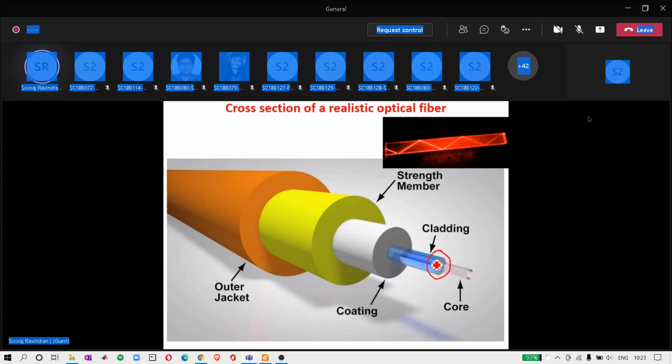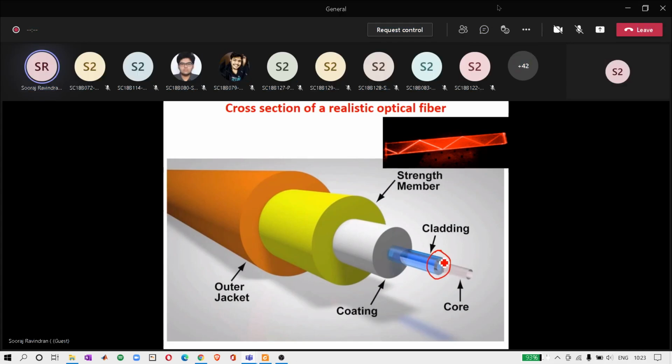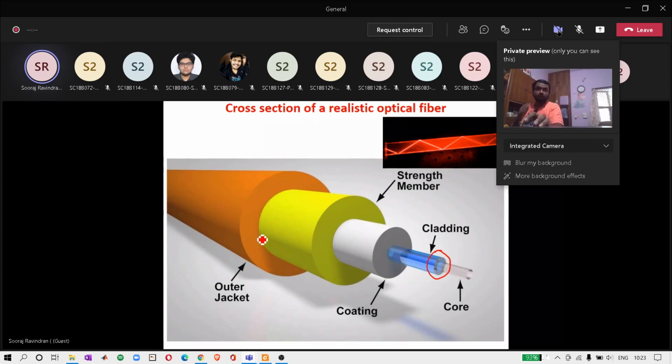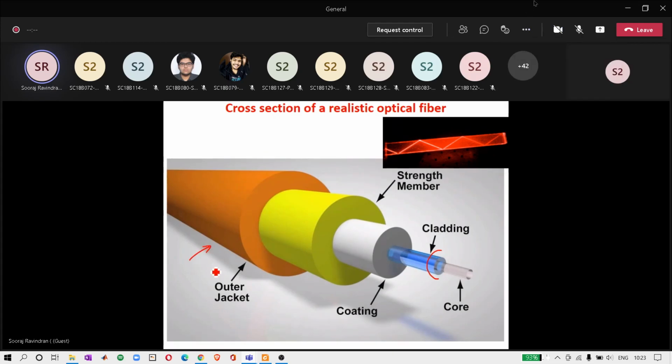Cladding has a smaller refractive index. All these coatings, strength member, outer jacket are mechanical. They give some additional mechanical stability. For example, the outer jacket would ensure that external impurities, water vapor, water molecules, or dust do not penetrate inside.